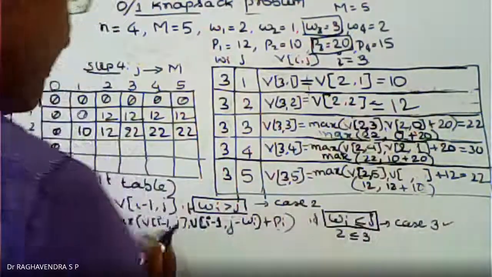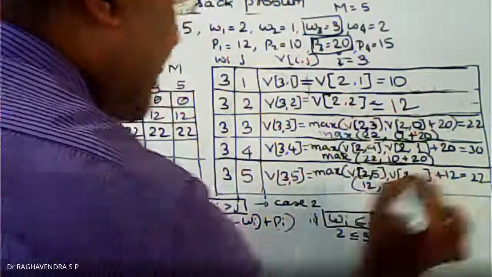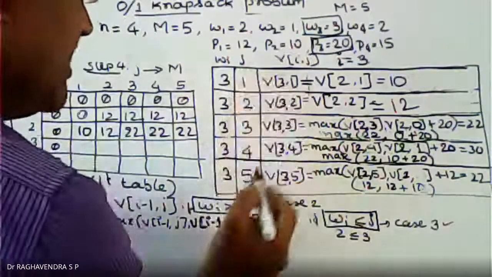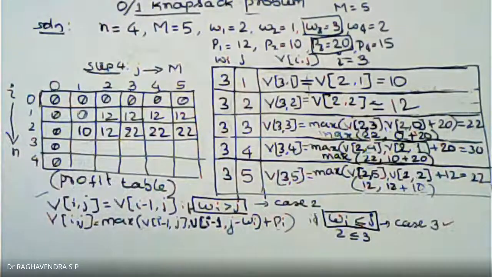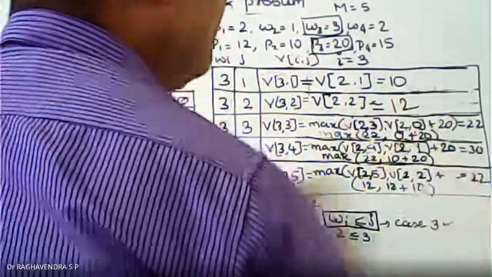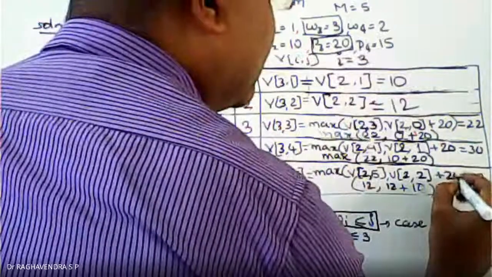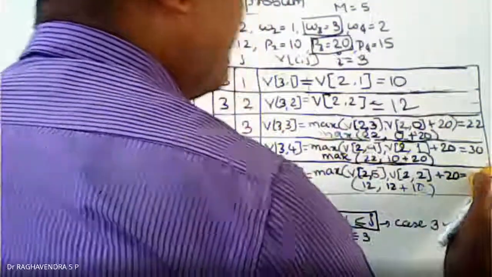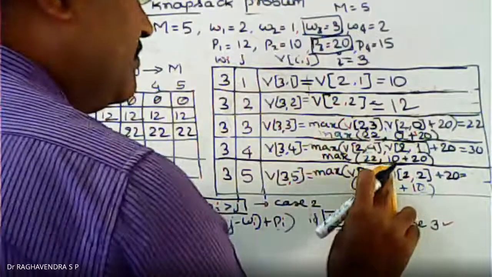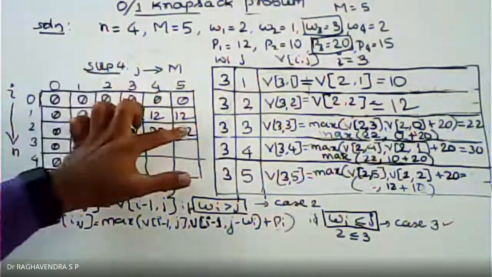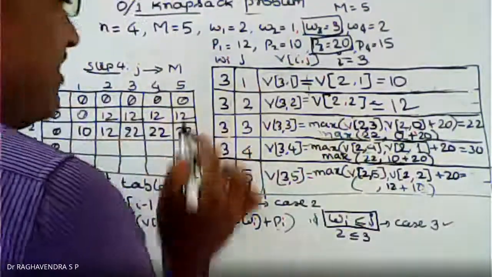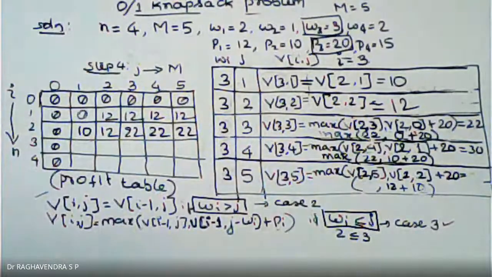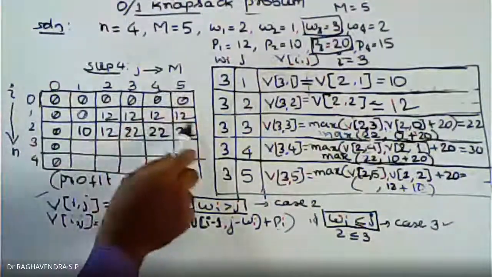Next, V of i minus 1, that is 2, comma j minus wi, j is 5 minus 3, 5 minus 3 is 2, and the profit is 20 because we are inserting the third item into the knapsack. So we have 2 comma 5, what is the value? 22.